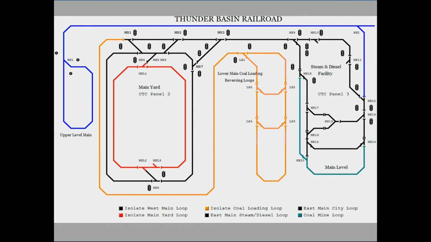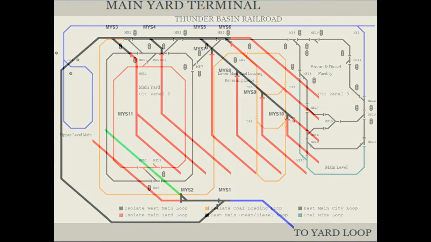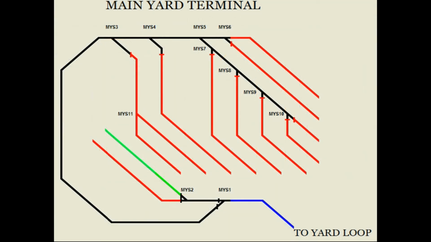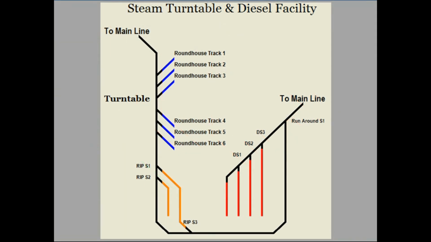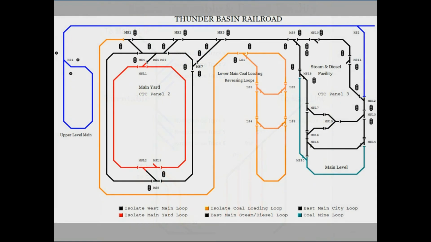I've also placed signals on the panel which react to switch movements. There are also 2 additional panels for details in the main yard and my steam diesel facility area. I will be using multiple computer monitors to see all 3 panels at the same time. The software is very impressive, and again, it is free.